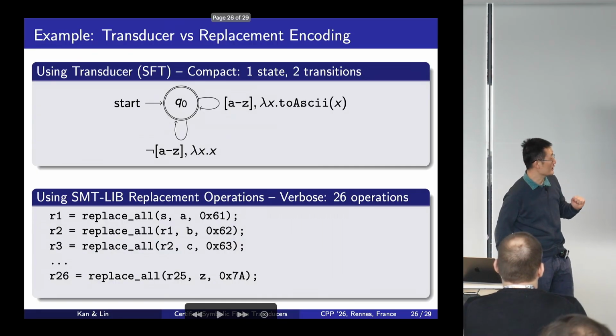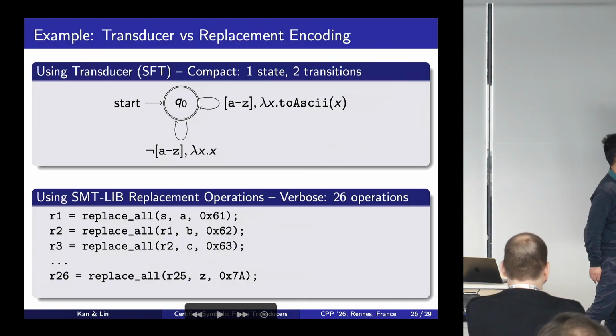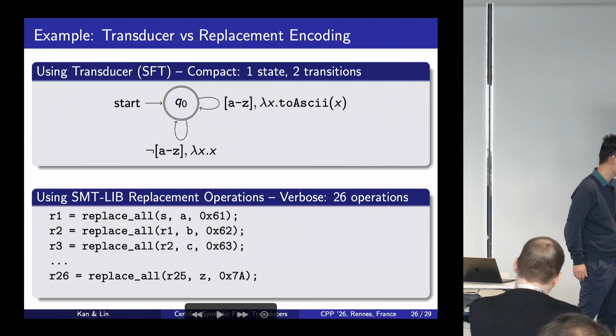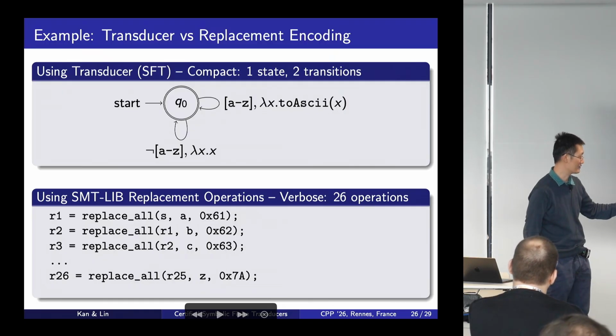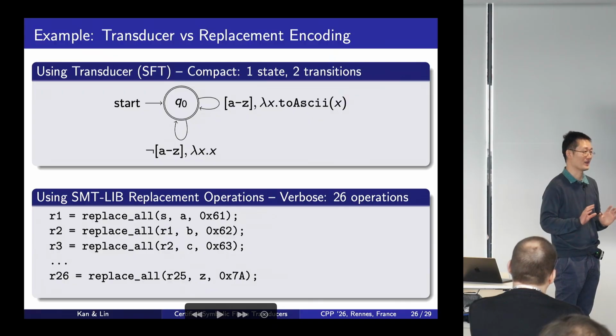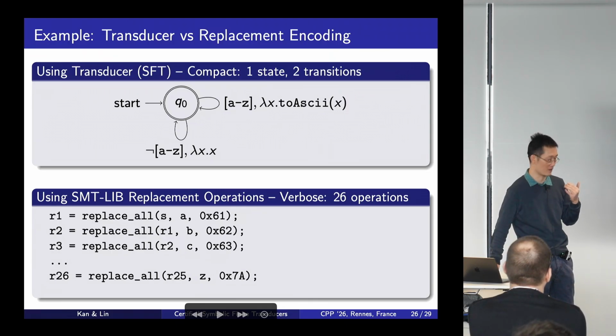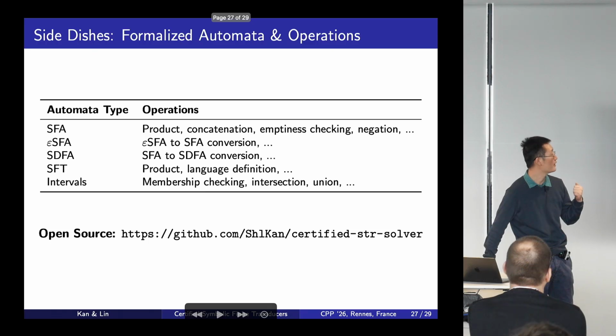In a transducer, it's very simple, one state, two transitions. But if you use replacement, it will need 26 constraints. It's very long and ugly and gives a lot of burden to the string solvers. It's not good. But with a transducer, it will be very easy to solve. Right now it isn't supported yet, but if it were supported, the solver could easily support the transducer as well.